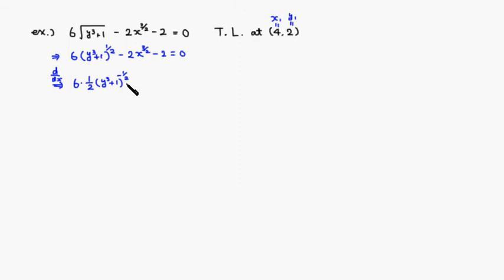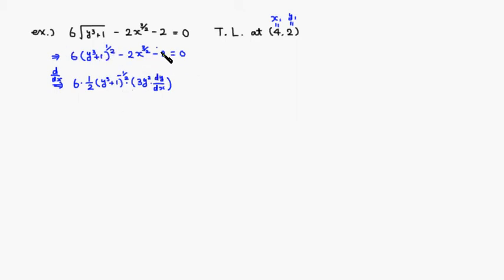Then multiply by the derivative of the inside. The derivative of y cubed plus 1 is 3y squared, but since it's a derivative with respect to x, we have to multiply by dy over dx. That's the derivative of 6 times the quantity y cubed plus 1 to the 1/2 power.